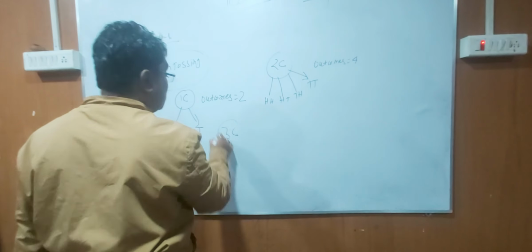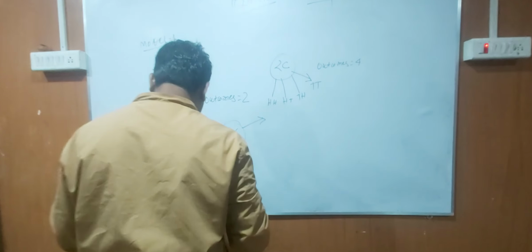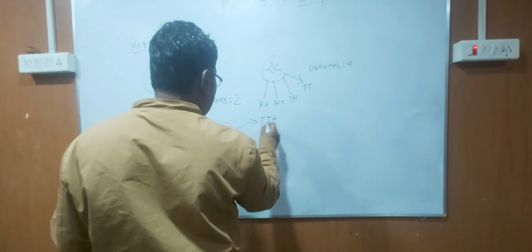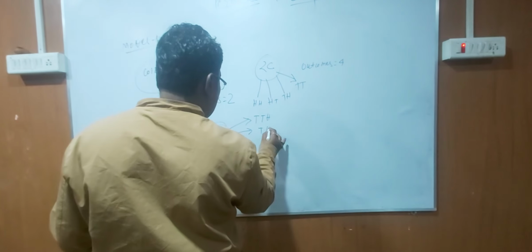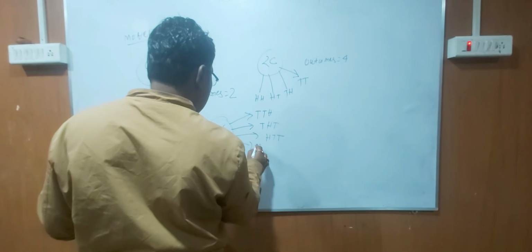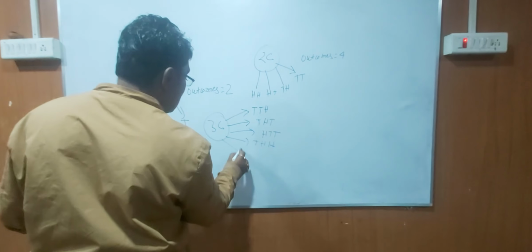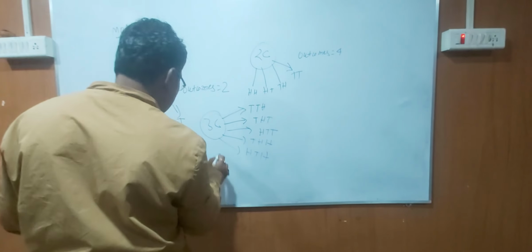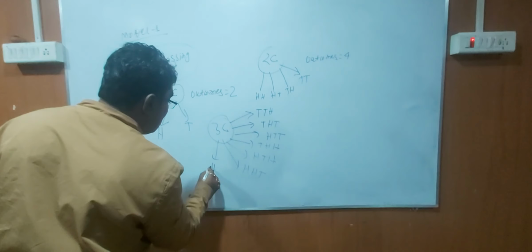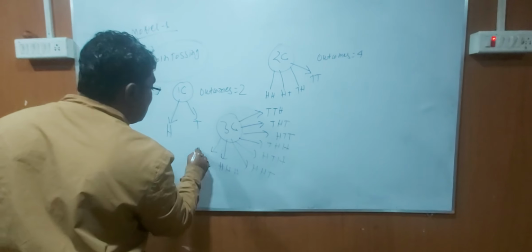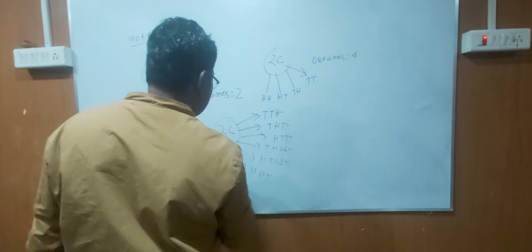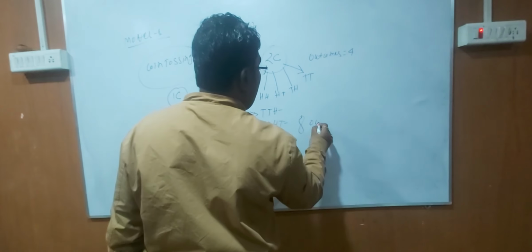If we toss 3 coins, then tail, head, tail; head, tail, tail; tail, head, head; head, tail, head; head, head, tail; head, head, head; and tail, tail, tail. How many outcomes are there? 1, 2, 3, 4, 5, 6, 7, 8. Means 8 outcomes.